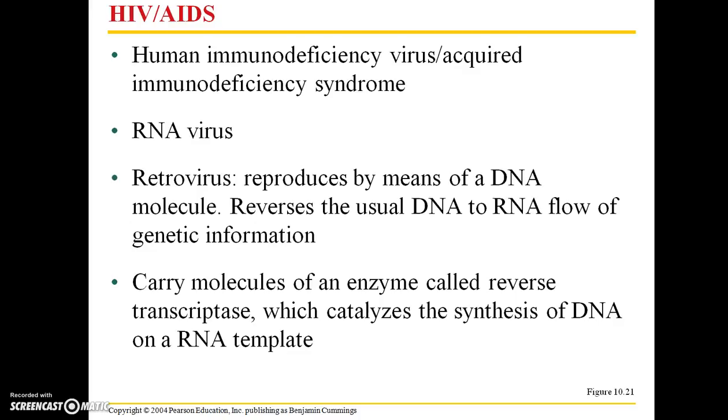Instead of that normal flow of information, it goes backwards, RNA to DNA. And it carries molecules of an enzyme called reverse transcriptase, which catalyzes the synthesis of DNA on an RNA template. So that reverse transcriptase is an enzyme which allows that flow of information to be reversed.